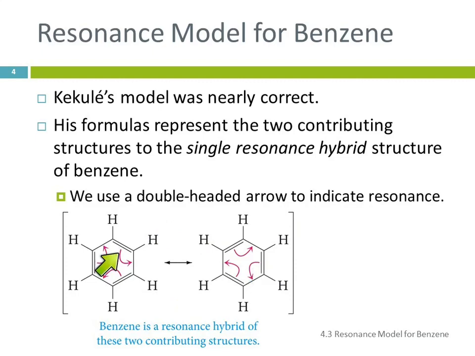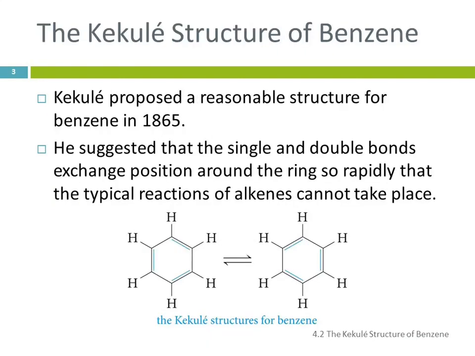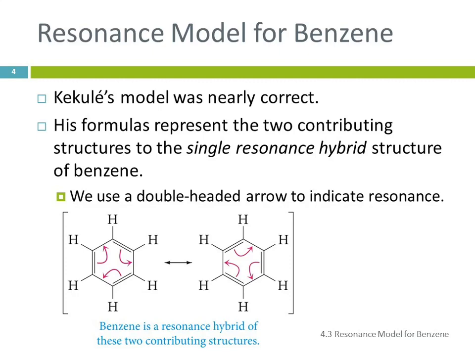But the same thing can happen. And it is not that it's going back and forth between, but it is actually intermediate between them. So Kekulé drew his structures with an equilibrium arrow, saying they were going back and forth. We draw them with a double-headed arrow that indicates resonance.